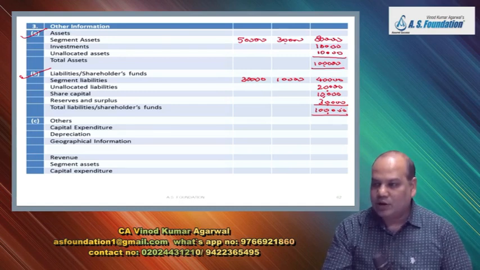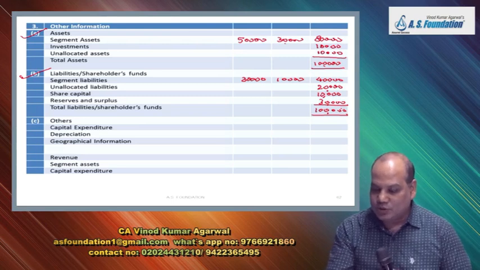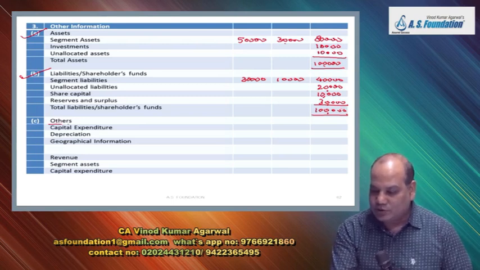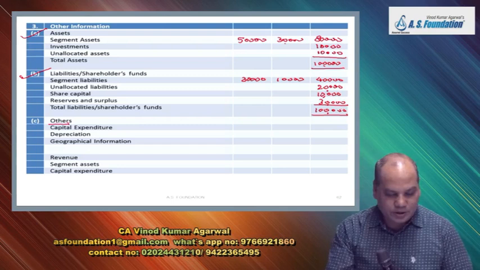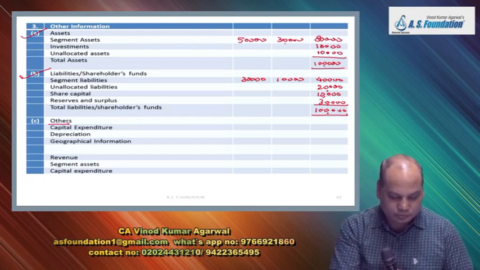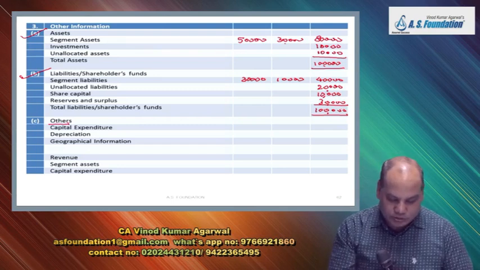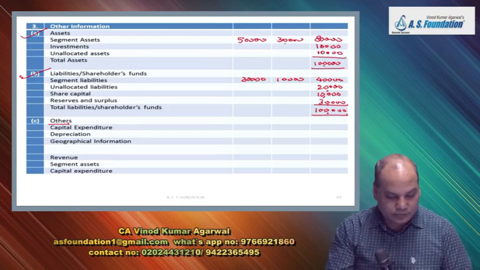And then the standard requires some special disclosures. That will come in point C, others. Capital expenditure. The note says the capital expenditure are 5,000 and 2,000 respectively.